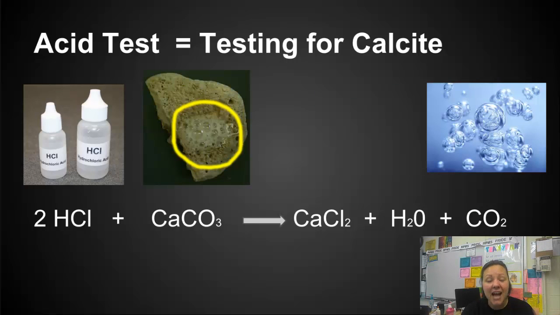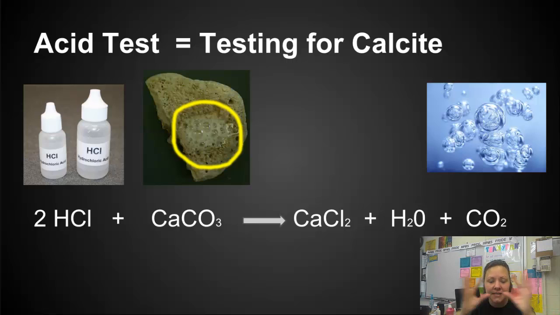So here's the actual chemical equation for what we just did. And it's important that you write this down. We had hydrochloric acid, which is HCl, so hydrogen and chlorine together make hydrochloric acid. And we put that on a rock. When we put it on limestone, which has calcite in it, or calcium carbonate, we formed a new chemical.